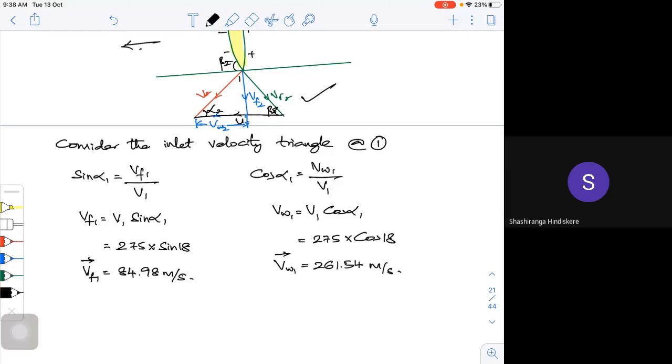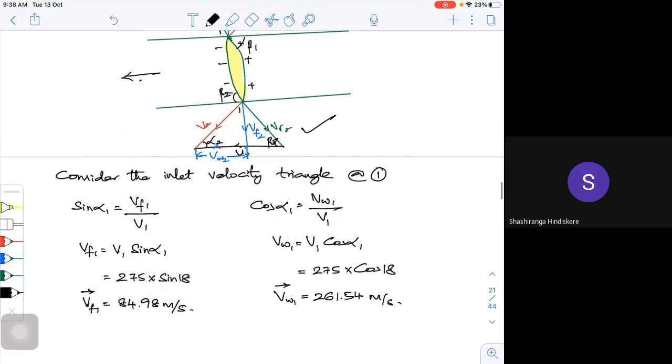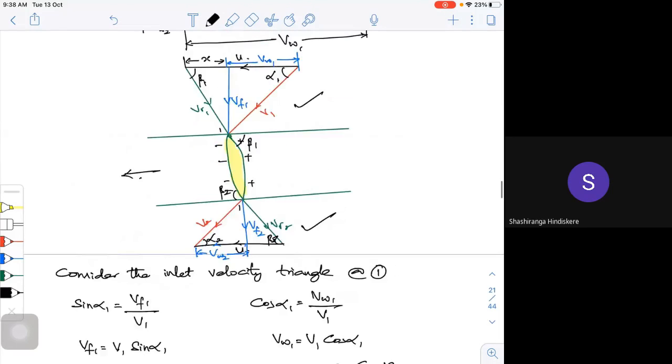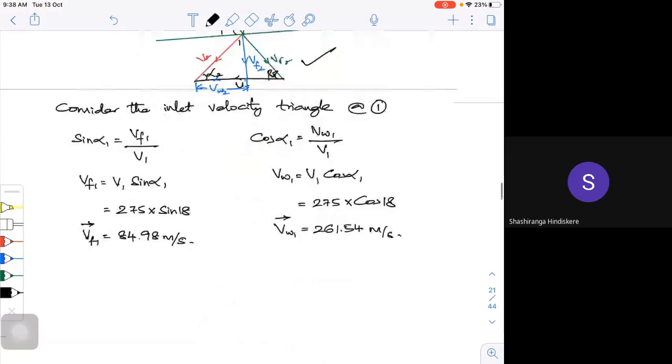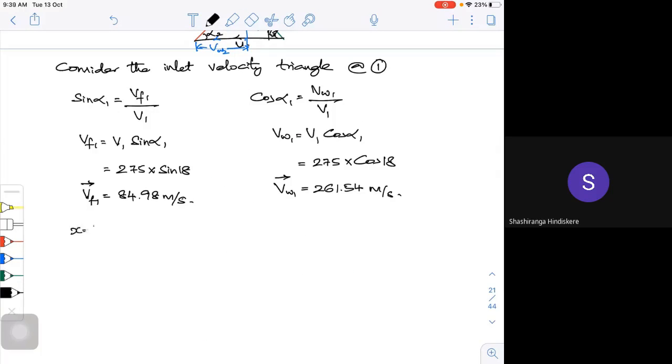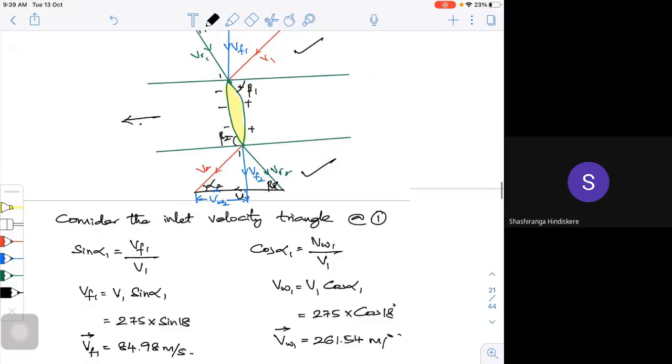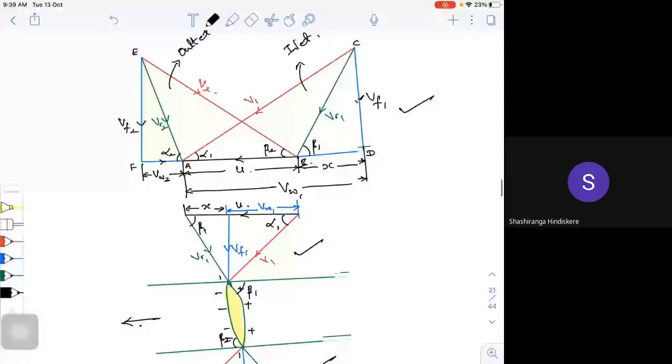Now what is this x actually? X is Vw1 minus u. So x is equal to Vw1 minus u, so this is 261.54 minus u. What is your U actually? It is 117.81.